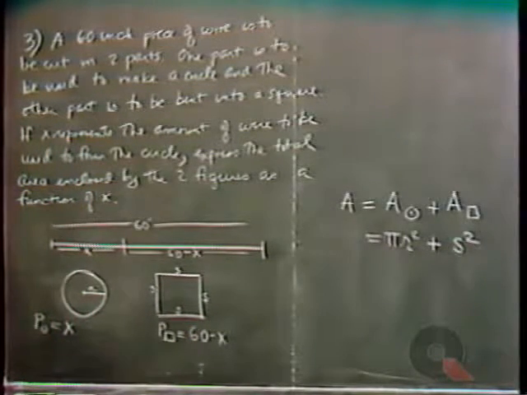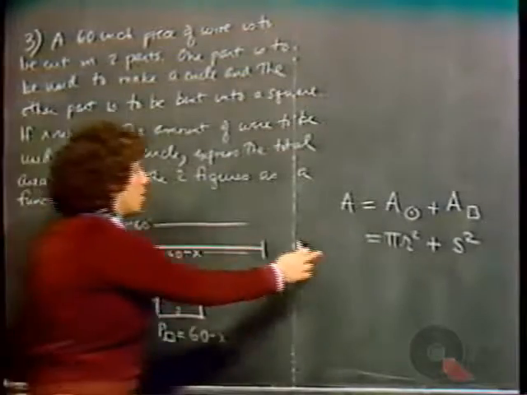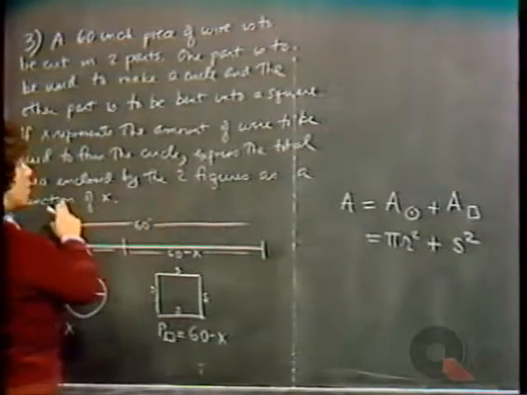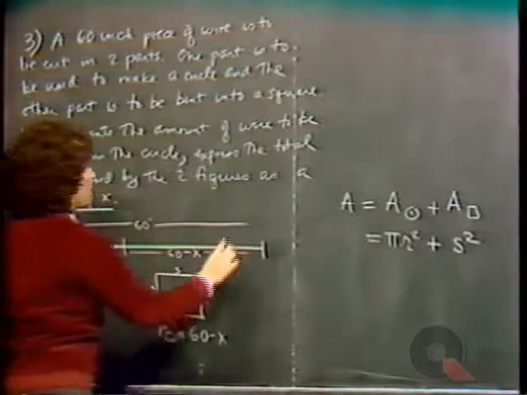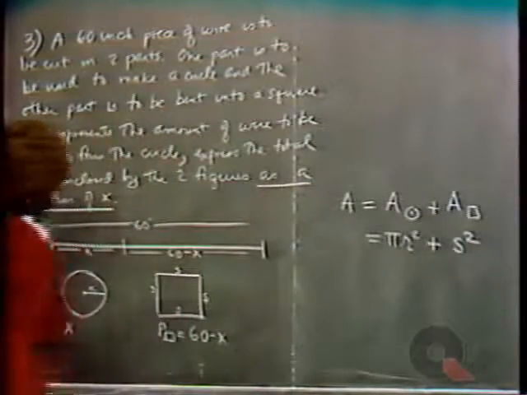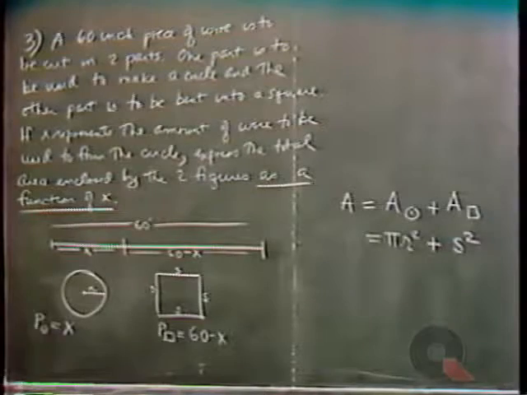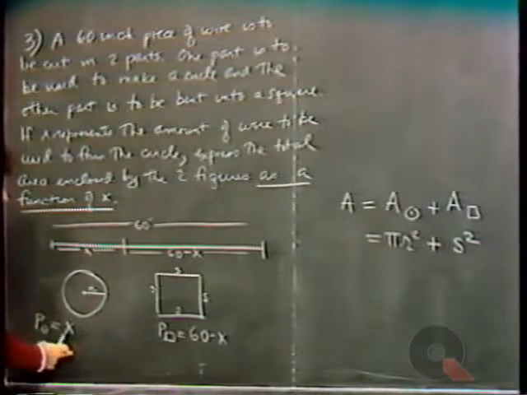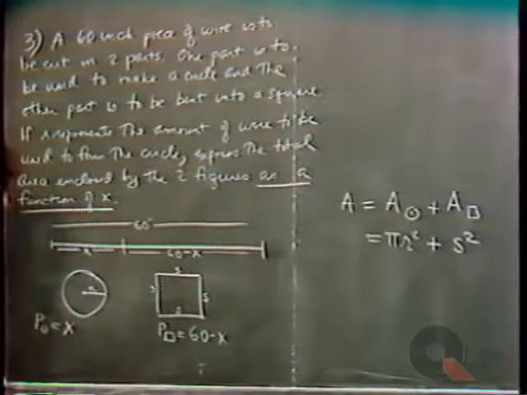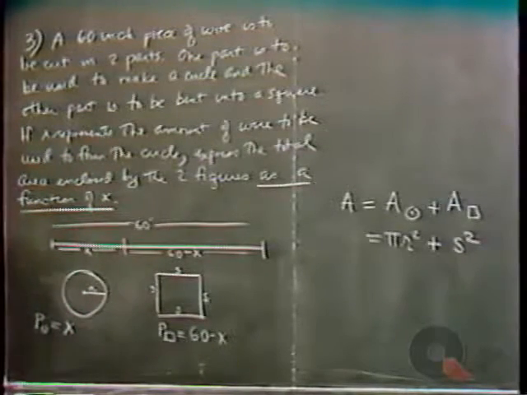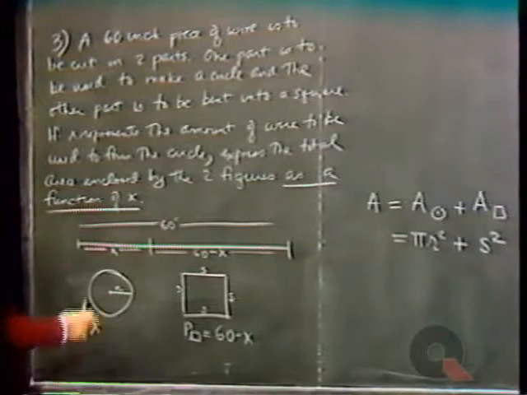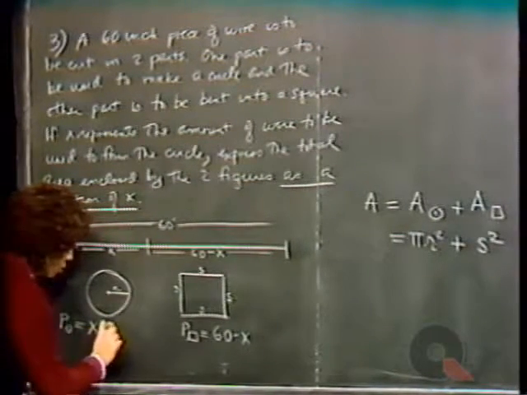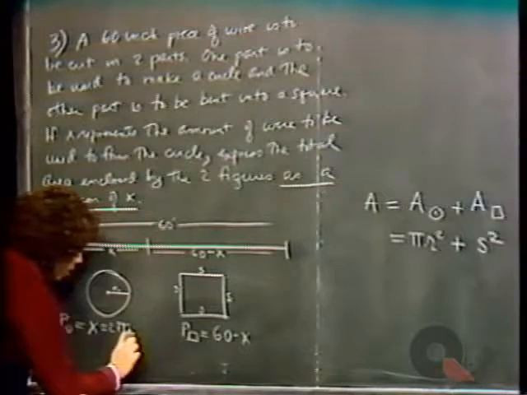Okay, so we have the area in terms of r and s. However, we were asked to express the total area as a function of x. We have to get it in terms of x. And the way we're going to do that is to figure out what r is in terms of x and what s is in terms of x. Well, the circumference of a circle of radius r is 2 pi r.